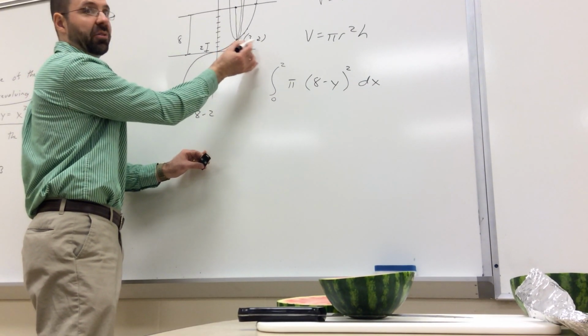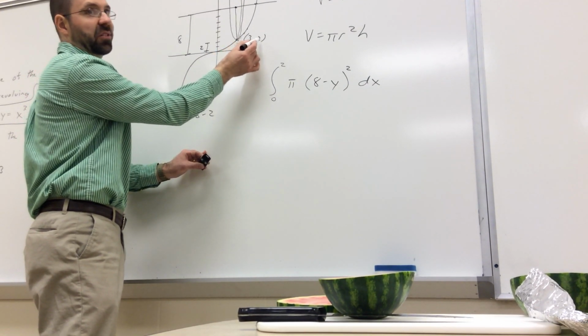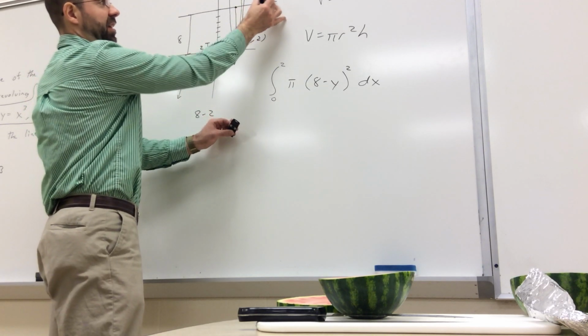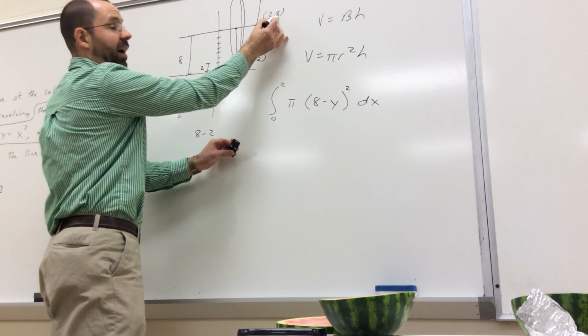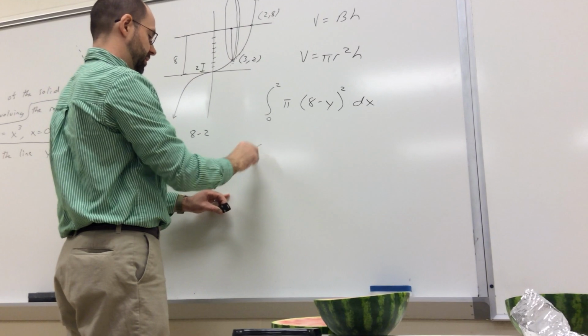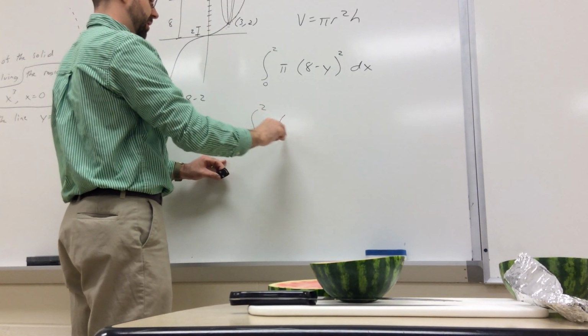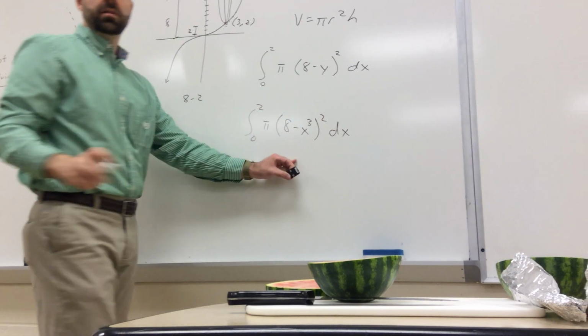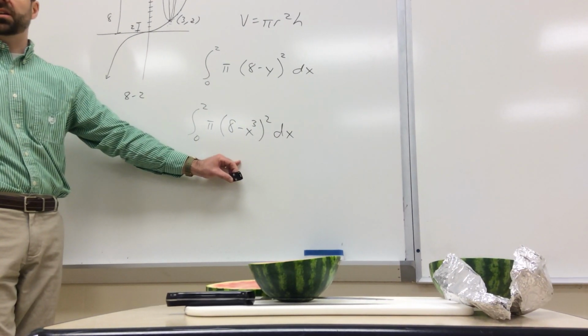That's why this wasn't accurate, right? Because that's not the correct y. It's not the 3 cubed. But this is the 2 cubed, right? So to get the y, you take the x and you cube it. All right, so that's the integral from 0 to 2 of pi times (8 minus x cubed) squared dx. Now we got everything set up.